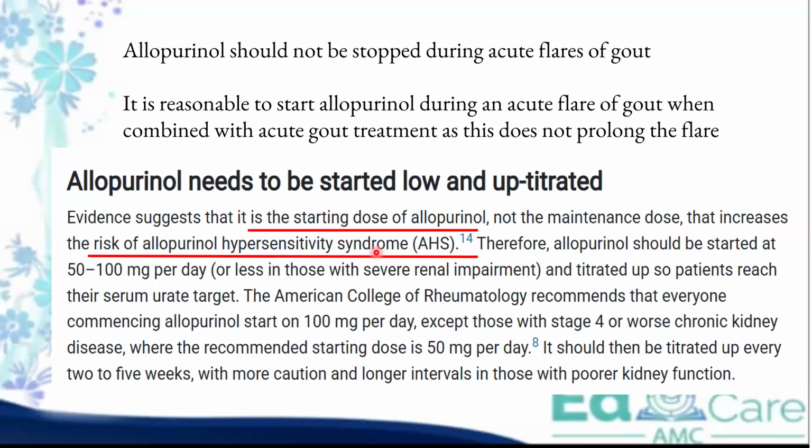So you don't start off at high doses. You start with low doses, and generally you go with 100 milligrams per day. And if there is chronic kidney disease, you have to go with 50 milligrams per day, right? And titrated up every 2 to 5 weeks. So you're titrating it till you reach the target urate level that we saw, right?